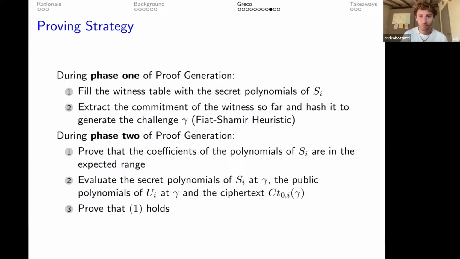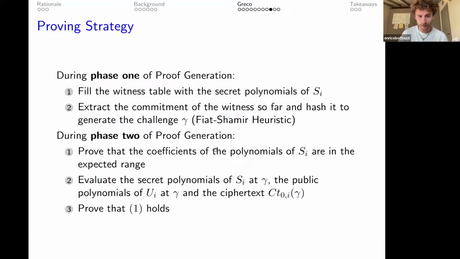You can think about a polynomial commitment like KZG, but this technique is not really specific to any commitment. We hash the commitment to generate this challenge gamma. And now we can use this challenge gamma in the second phase of the proof generation as randomness.